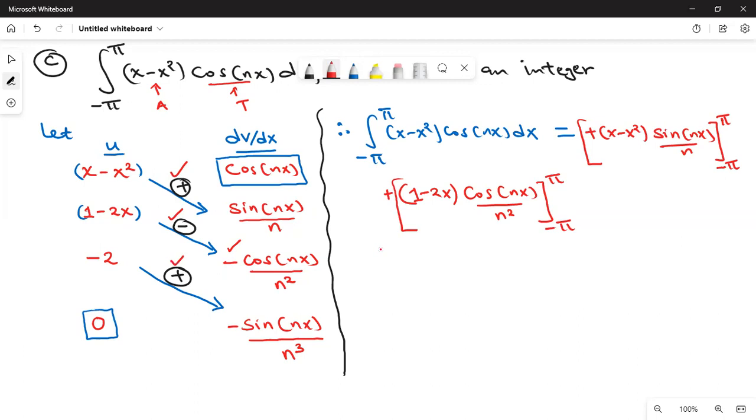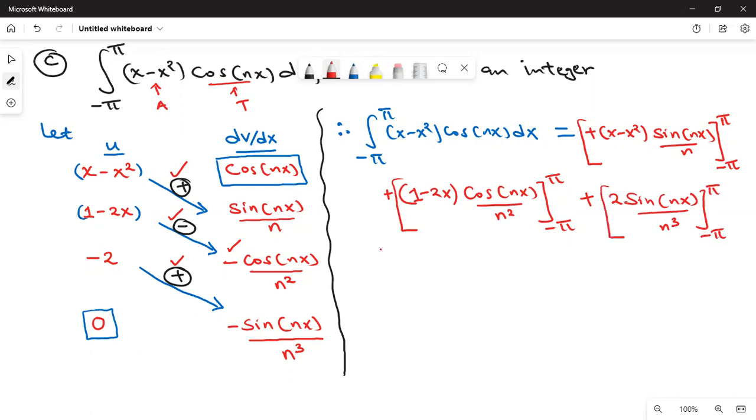You see, those two negatives again will cancel. Again, the value here is positive. It is positive followed by negative followed by negative. We are multiplying them. The result is positive. So again, plus 2 times sine nx over n cubed from negative pi to pi.